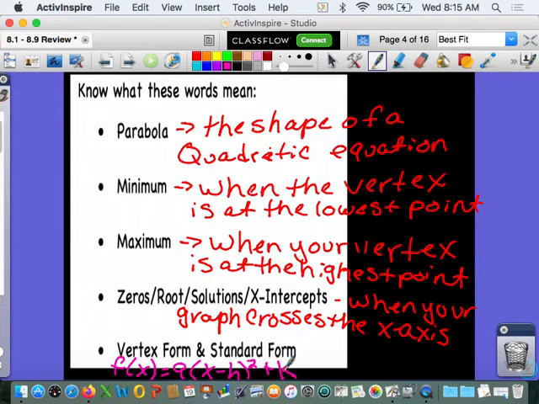All right, that's your vertex form. And your standard form: y equals ax squared plus bx plus c. Right? There are your formulas and your definitions. Need time to write these down? Okay.